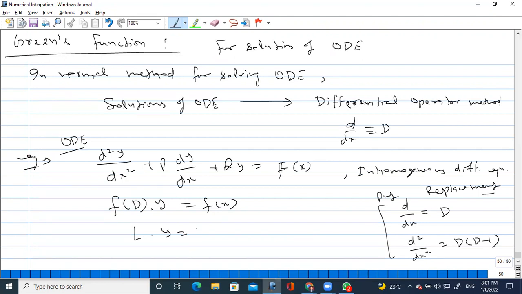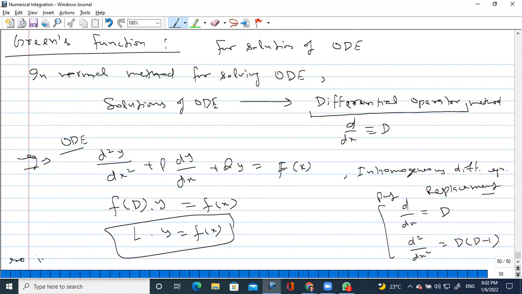Suppose it is L into y is equal to f(x). So this ordinary differential equation can be converted to this form. Okay, so now in the normal method we are solving the ordinary differential equation by using the differential operator. This was our main thing.